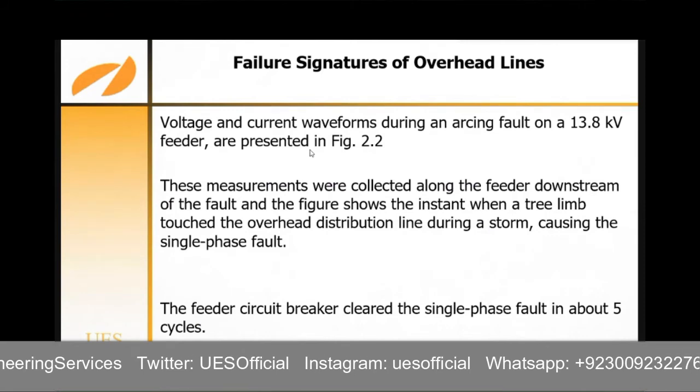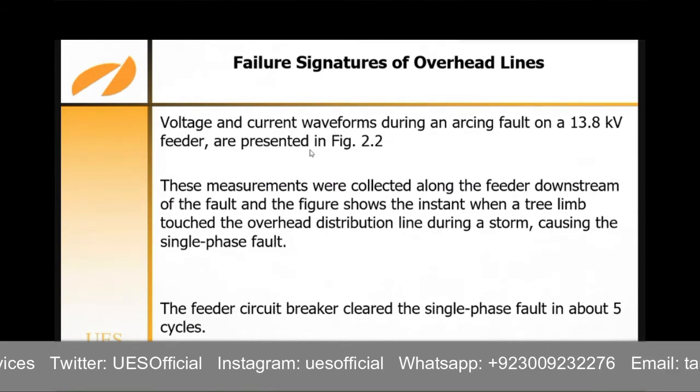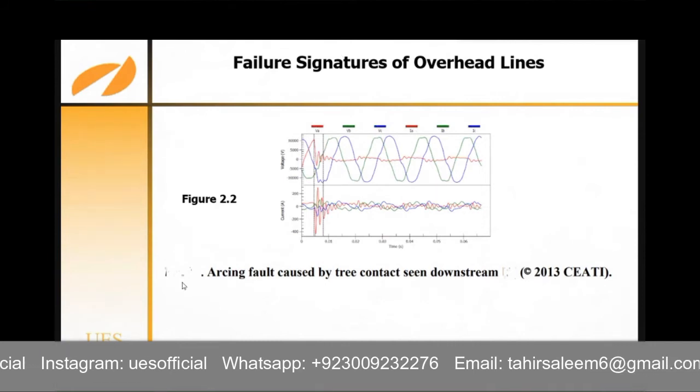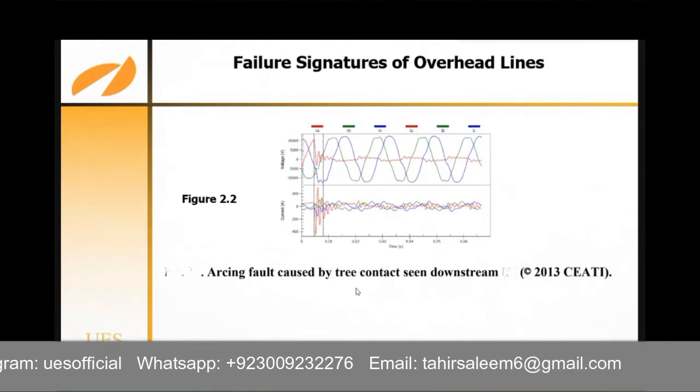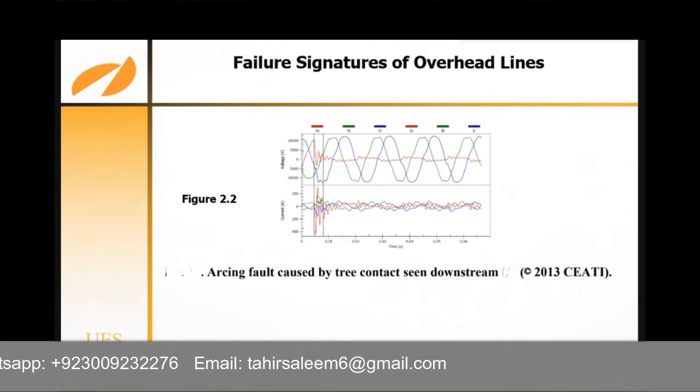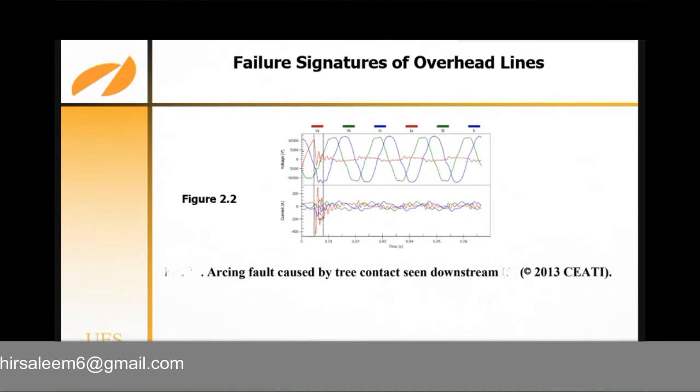Okay, now let me give you another example. Here is an arcing fault caused by tree contact seen downstream. This current shows that a short circuit has occurred, but it is not only a short circuit, it has caused arcing, because not in a single cycle but for multiple cycles it has caused this current.